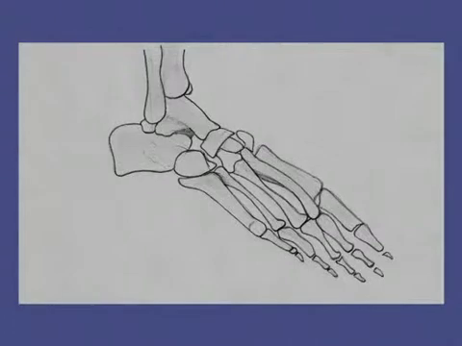Now from this picture you can understand very easily. First of all, the subtalar joint goes into pronation. Once the subtalar joint goes into pronation, the transverse tarsal joint also goes into pronation.